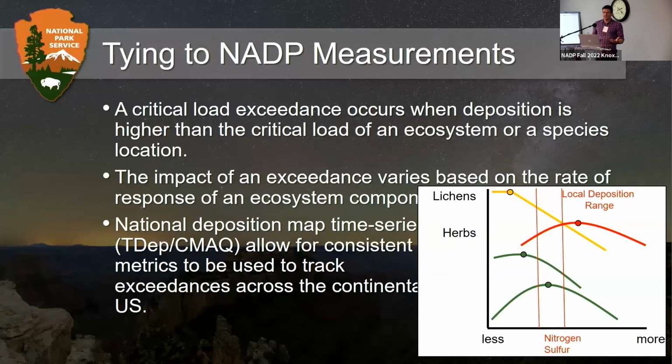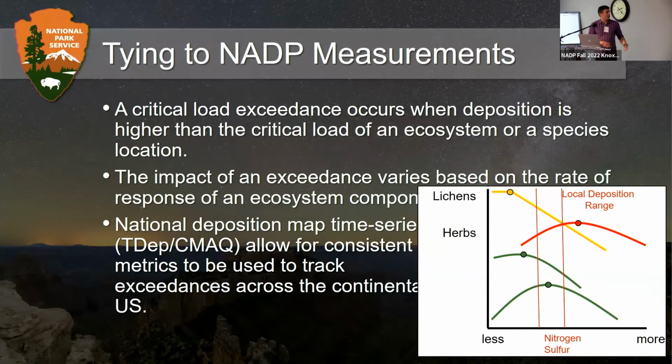Where NADP comes into this, and why we're doing this here, is as Chris was just saying, we're using this NADP data, the TDEP models that are coming out of the TDEP working group, to assess at what level of deposition we're seeing harm, and then extrapolating that to where we're seeing exceedances and expected harm outside of where we've collected data.